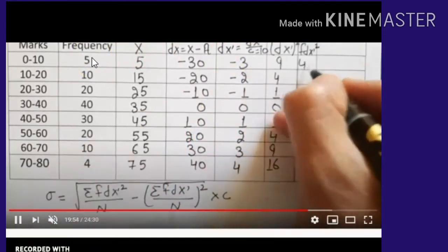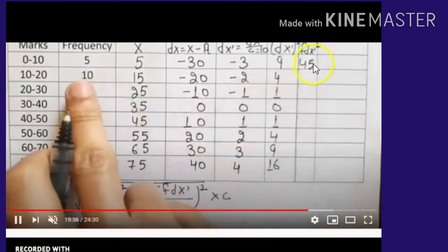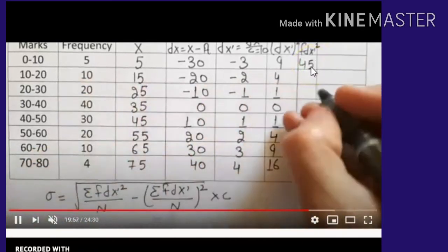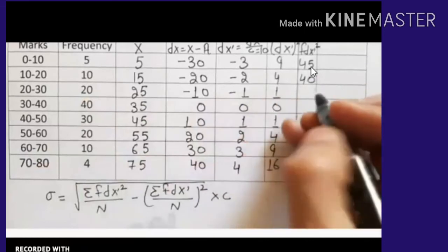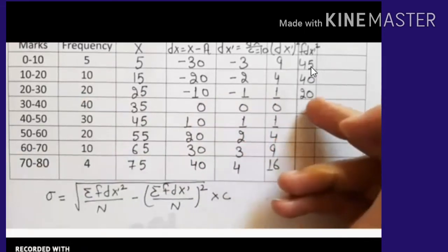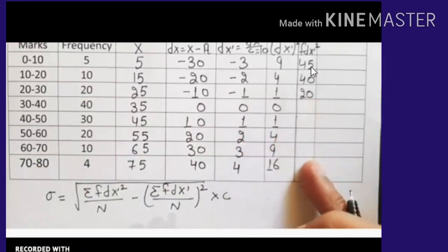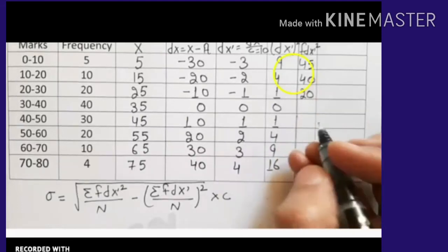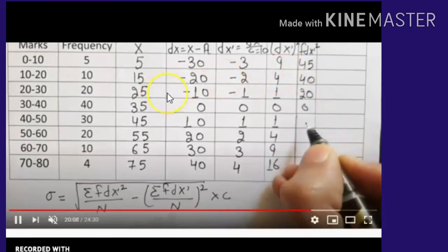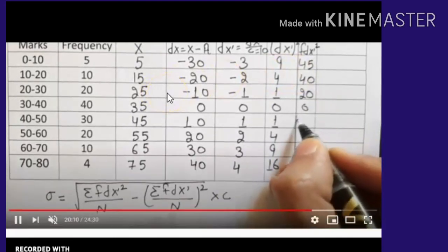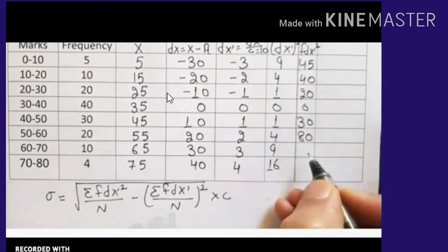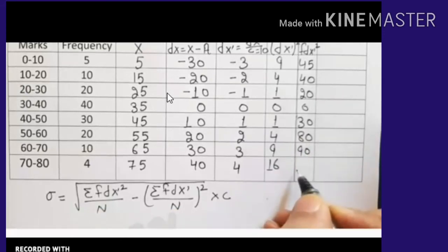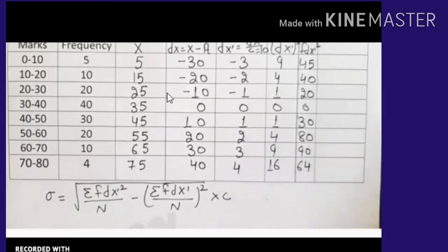Next is fdx dash square. The first answer is 45. Next you will be getting 40, next 20, next 0, then 30, then 80, then 90, then 64.